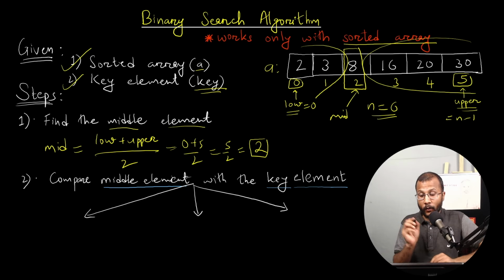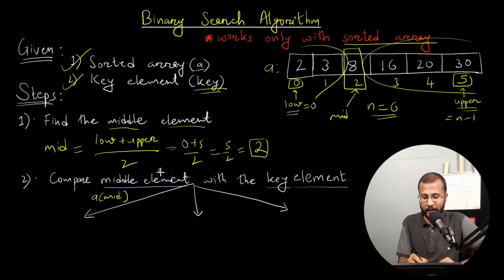Once you find the middle element, which here is 8, a[mid] is my middle element. Here a[mid] is nothing but 8. And my key element, let me call it key, can be any integer number. Now there are 3 possibilities. My key element can be exactly equal to the mid element.